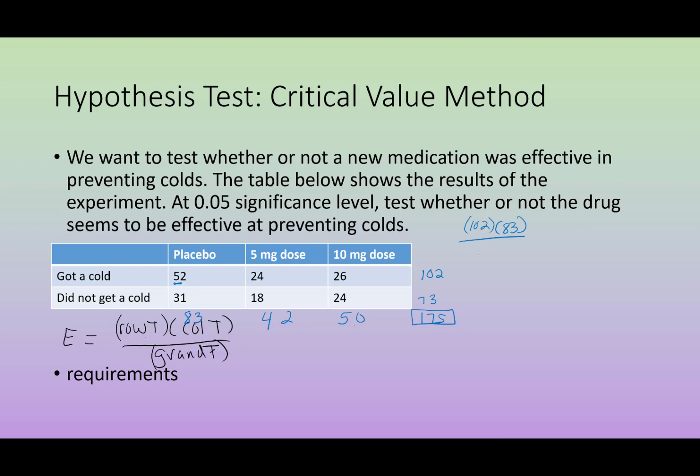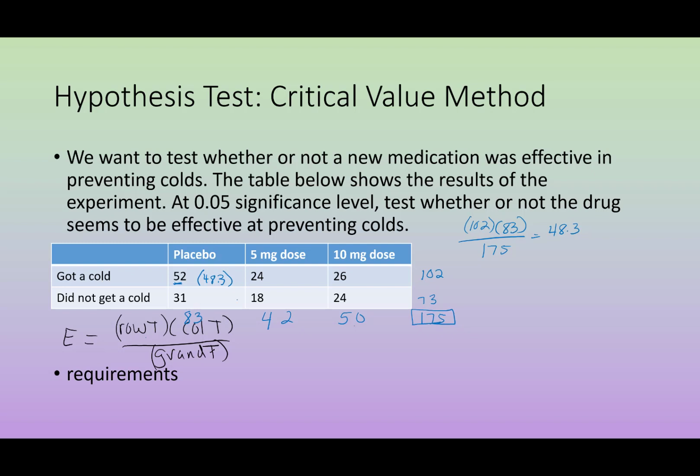And then divide that by my grand total of 175. Now when I do that computation, I end up getting about 48.3. I'm going to put that value in parentheses over here so I can remember which value goes with each cell.